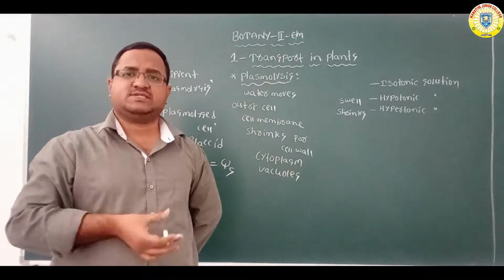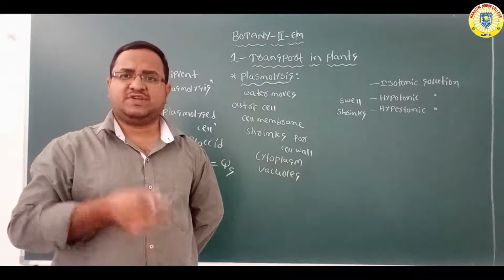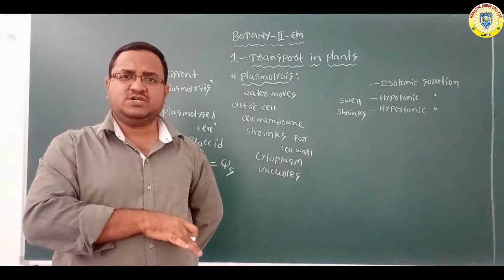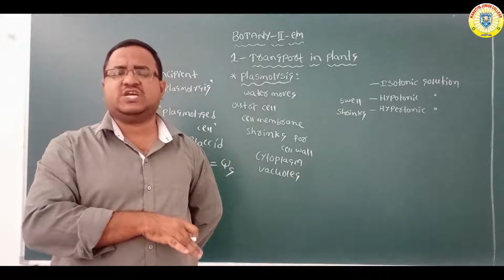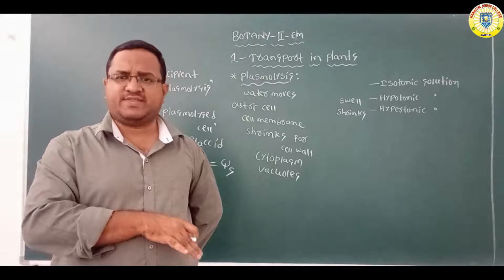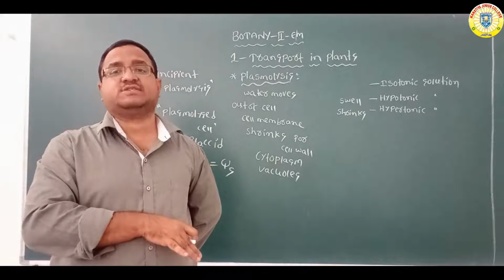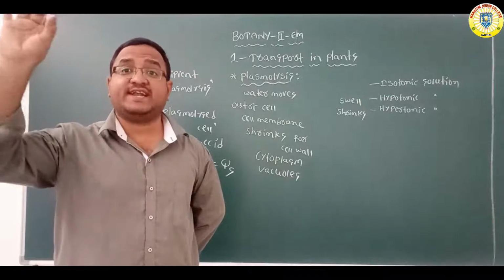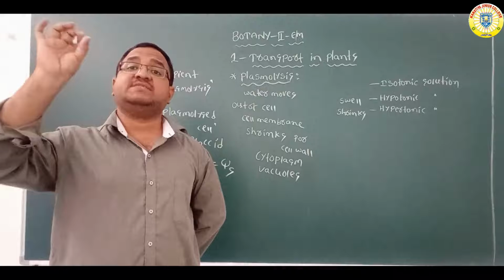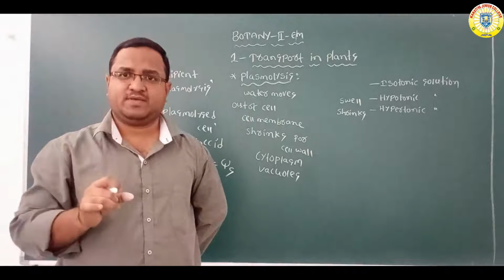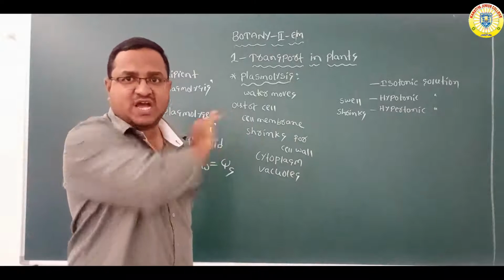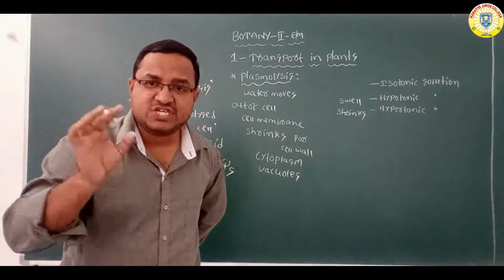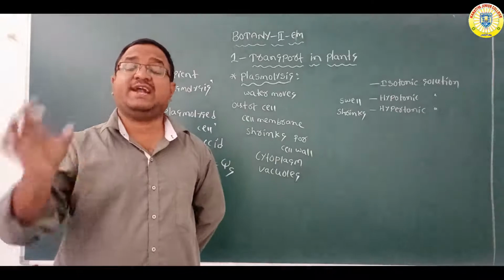Preservation of pickles is one example of plasmolysis, and preservation of meat and fish in salt. These are examples of plasmolysis. But plasmolysis generally does not occur in nature, only in some possible exceptions: extreme water stress conditions and extreme salinity conditions.